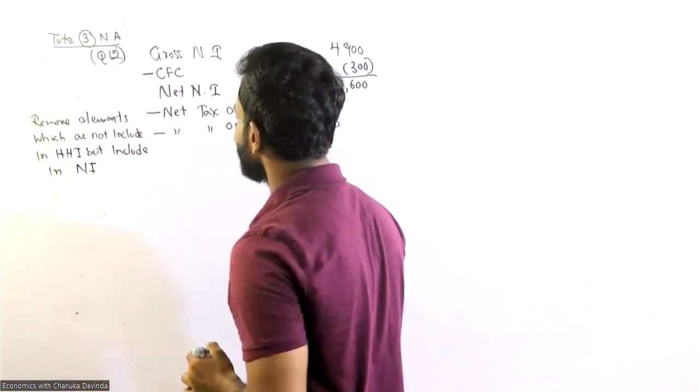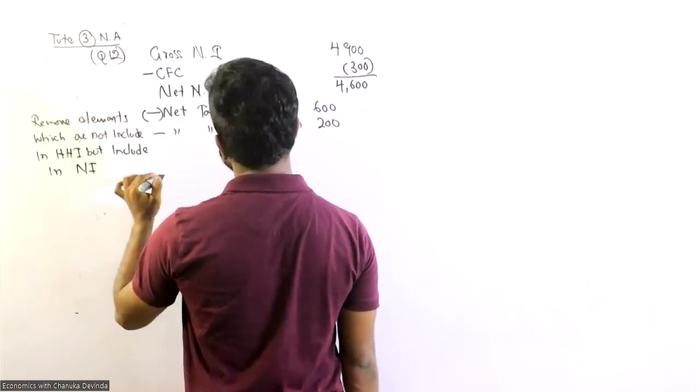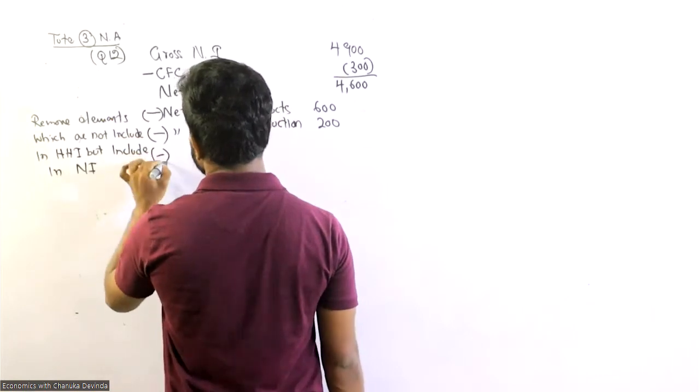National income එකේ තියෙන household income එකේ නැතිව තමයි අපි මේ අයින් කරන්නේ. පළවෙනි එක අයින් කරා net tax on products. Second one, net tax on production. Which element?